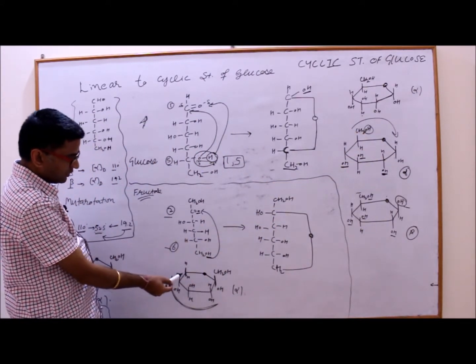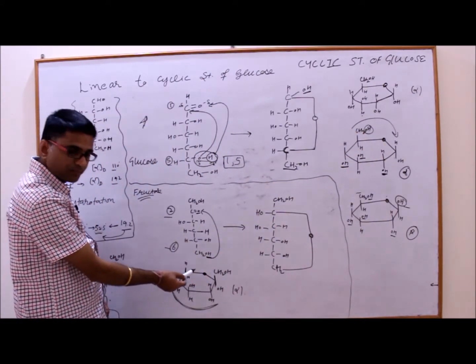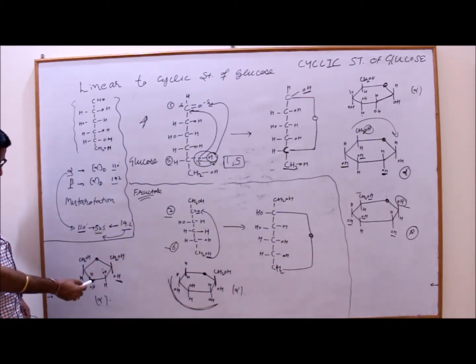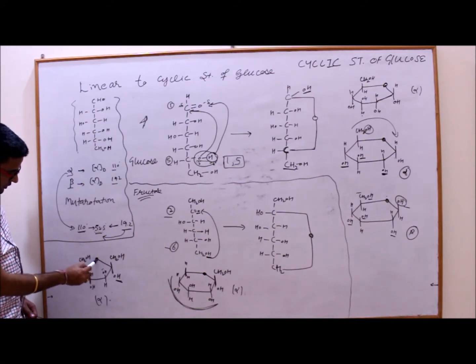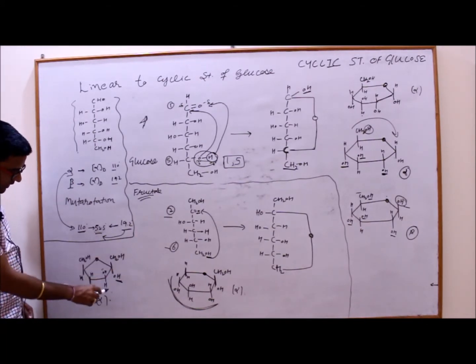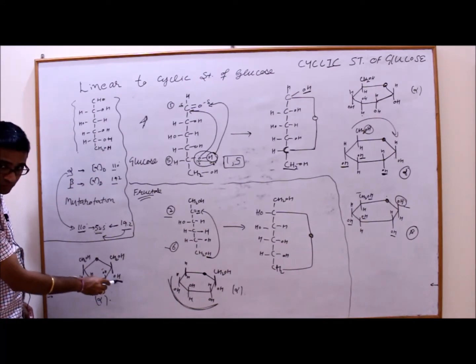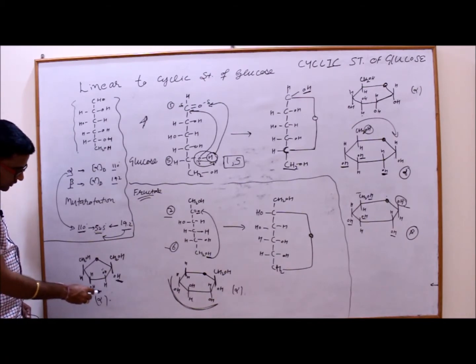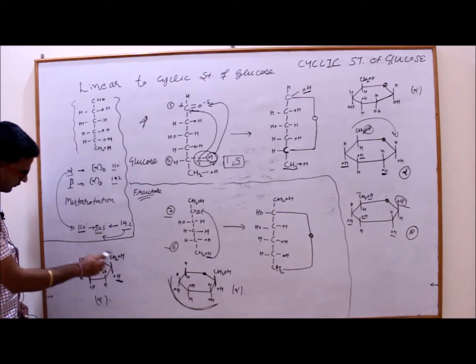This will become your fructose form in the pyranose form. Now if you have to draw fructose in furanose form, you have a pentagon with oxygen, CH2OH, CH2OH, same. It is alpha form, OH is always down, down, up, down. So this will be your alpha form of the furanose.